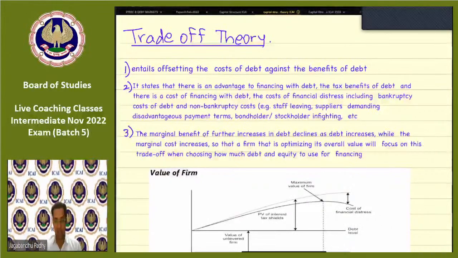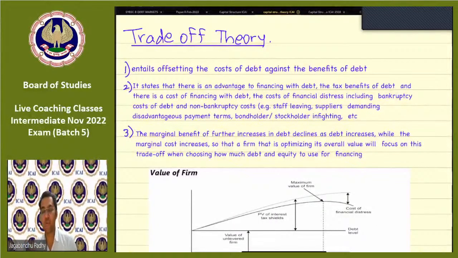It first says that there is an advantage of financing with debt. First of all, the cost of debt is lower, and also you get the tax benefits of debt. But apart from that, there is also a cost of financing with debt. Now, what will be the cost of financing? When you take a debt, you are undertaking a fixed obligation of payment of a fixed amount at regular intervals to your creditors.